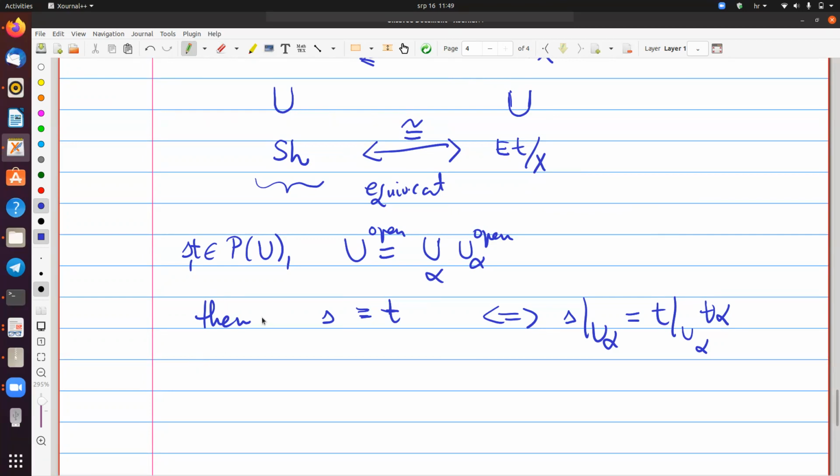So that's first. And second condition, so this is some sort of a uniqueness, and if only this is true, we call it separated pre-sheaf, or mono pre-sheaf.